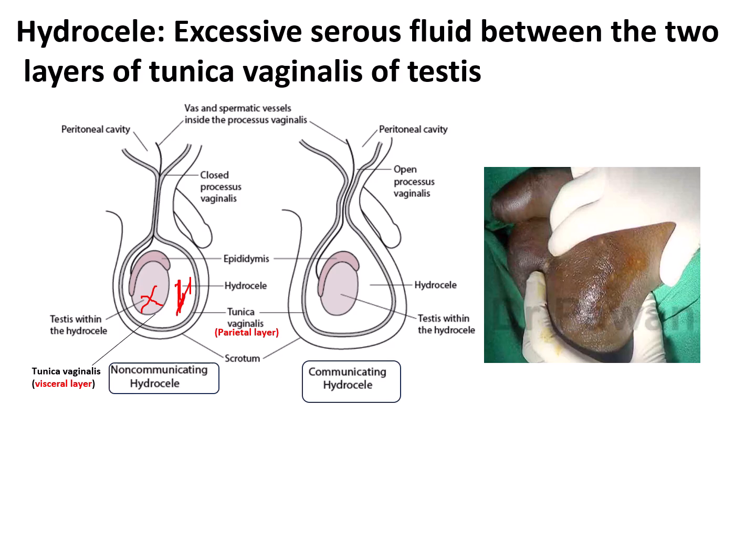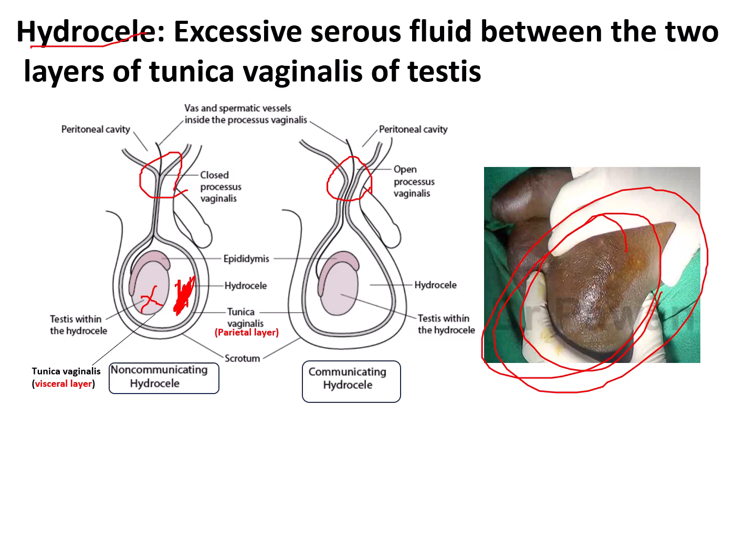Between the two layers, you can find the cavity, which is filled with serous fluid. Excessive accumulation of serous fluid in this cavity leads to this disease, which is called hydrocele, and is felt as a cystic swelling. It could be non-communicating, or it could be communicating.